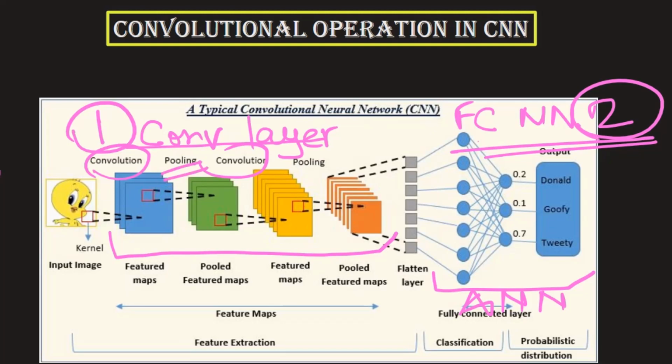And the second one is pooling, that we are going to discuss in upcoming lectures. Not only that, we will also discuss concepts like padding, strides, etc. that will give you more clarity around a CNN architecture. But for the time being, at least you should be clear till this point that the convolutional operations are responsible to give us the feature maps.